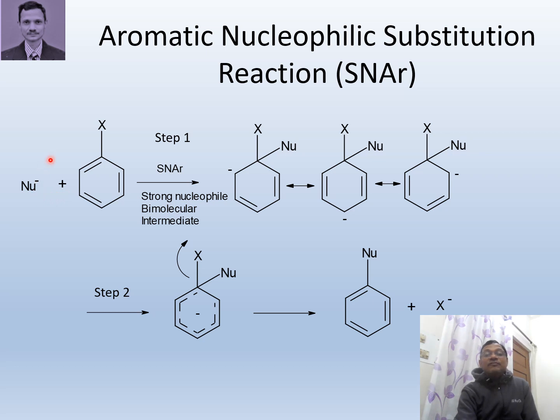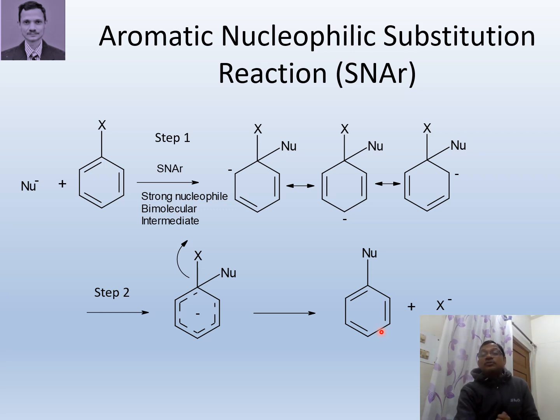So this nucleophile first attacks this carbon, and in this way a Meisenheimer ion will be generated, and this negative charge ion is stabilized through various resonating structures, and later on in the second step, after the departure of this electron withdrawing group, we will get the final product.